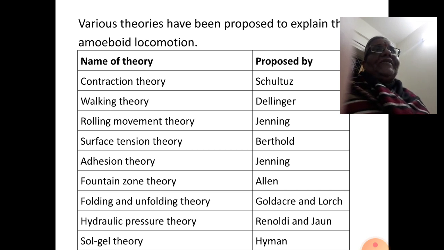Students, you must have heard of the Hyman series of zoology books. Same person, a lady, has proposed the sol-gel theory. I think now we have to study the sol-gel theory in detail so that you can understand the mechanism of amoeboid locomotion.